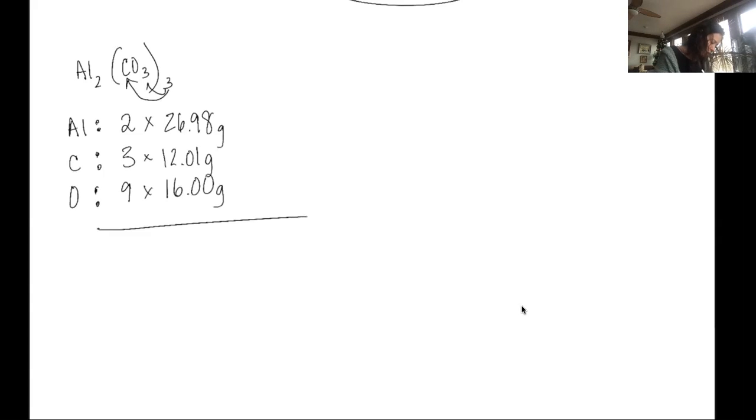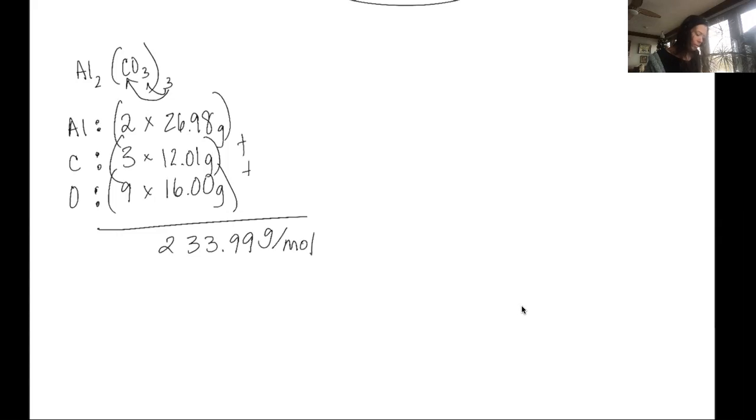All right, so if I multiply all of those and add them together, 2 times 26.98 plus parentheses 3 times 12.01 close parentheses equals plus parentheses 9 times 16 close parentheses equals 233.99 grams per mole.